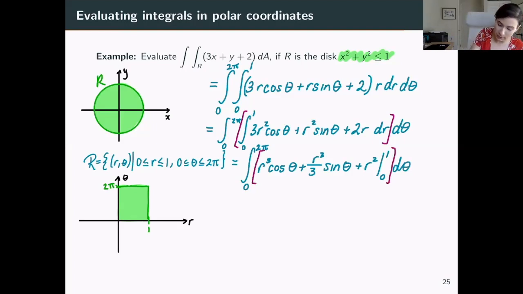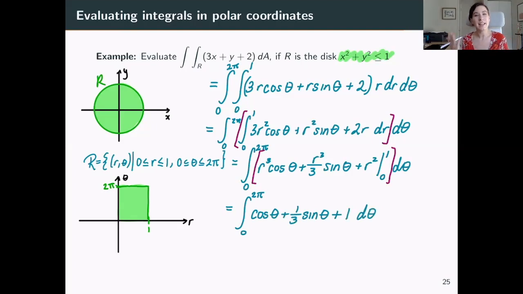So now I've got this inside bit here in my pink brackets that I need to evaluate. Going ahead and doing this, we end up with the integral from 0 to 2 pi, and evaluating from 0 to 1, we'll end up with just cosine theta plus 1 over 3 sine theta plus a single 1 d theta. And now we're down to a single integral that we can evaluate directly. Here, the antiderivative of cosine is sine theta.